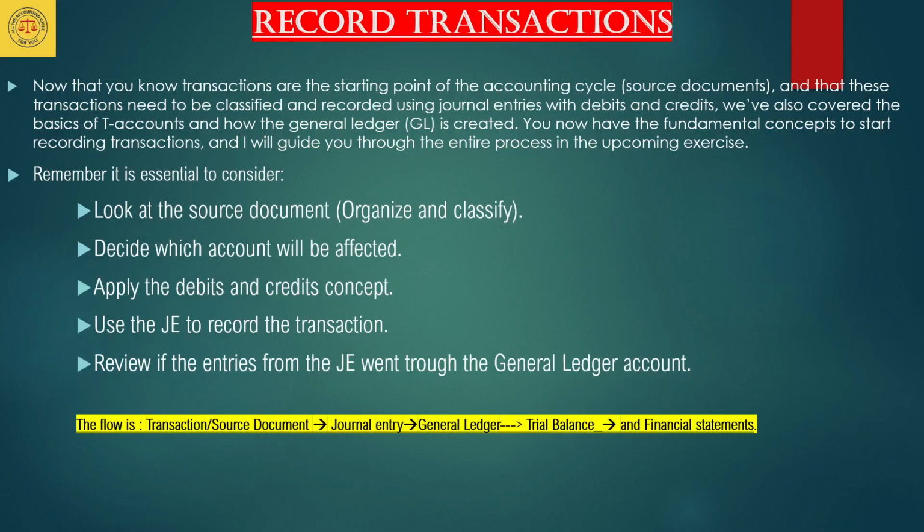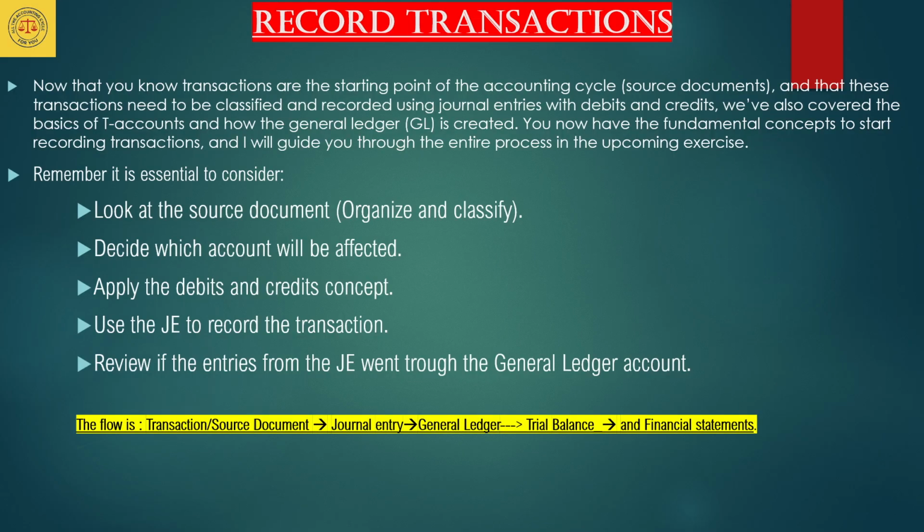Okay, so this is a little summary about what we have been talking about. The transaction is based on source documents, or the transaction provides you source documents, and those documents have to be journalized, obviously, after you organize and classify.